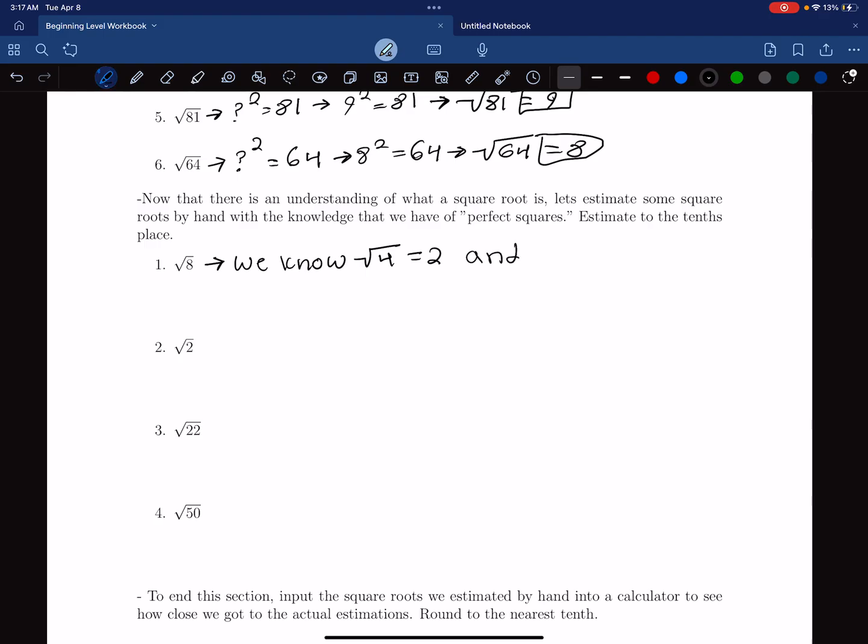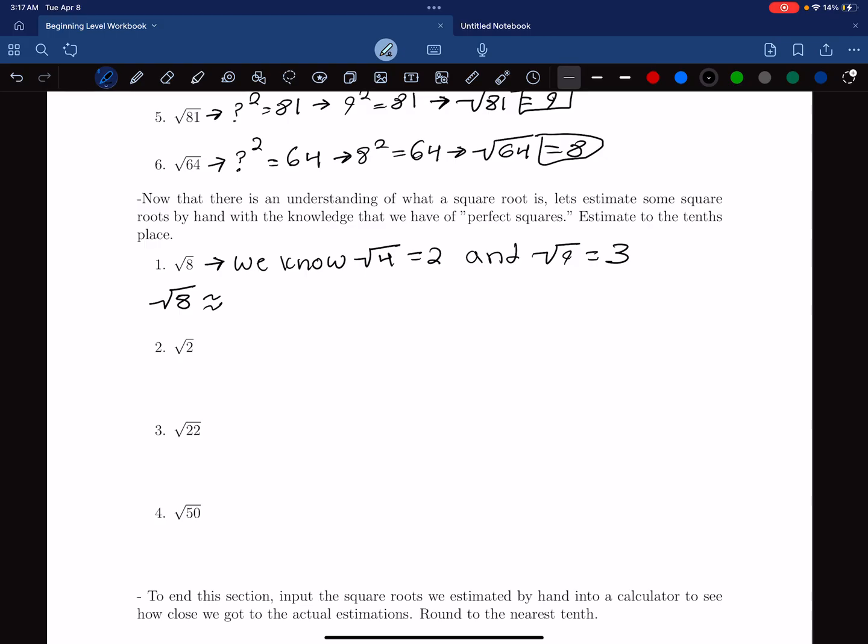So we know the square root of 4 is 2, and the square root of 9 is 3. So since 8 is between 4 and 9, we can guess what the value of the square root of 8 is based off that.